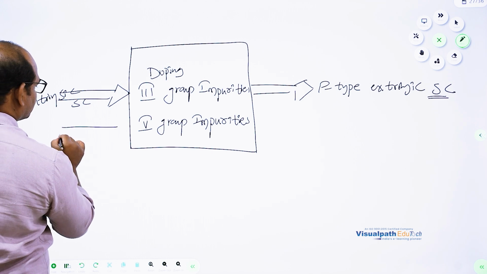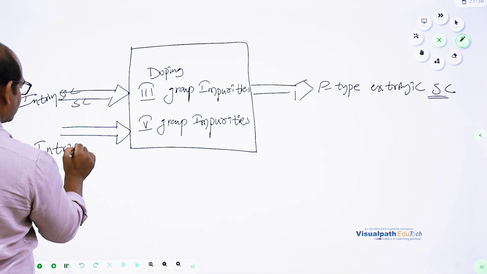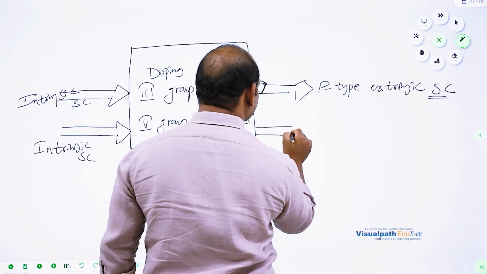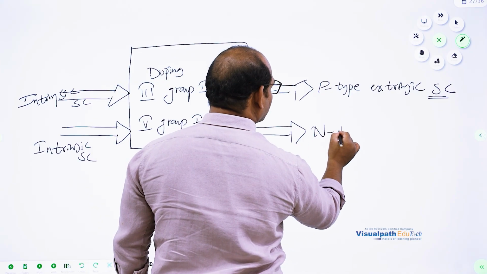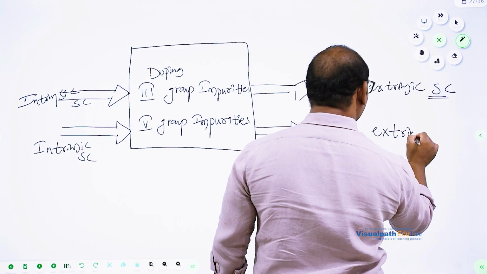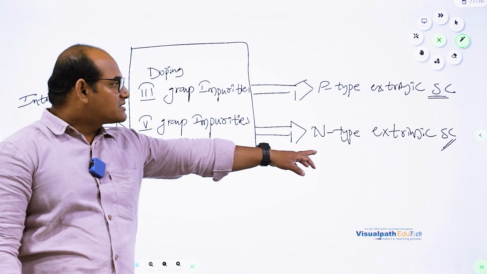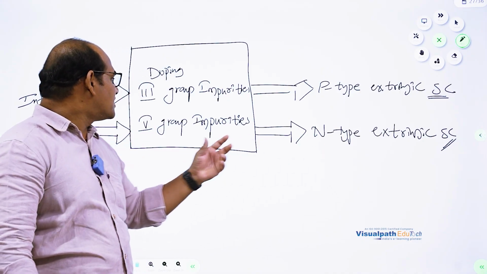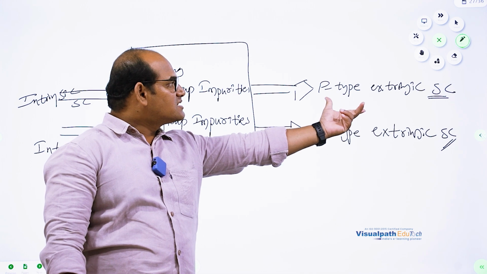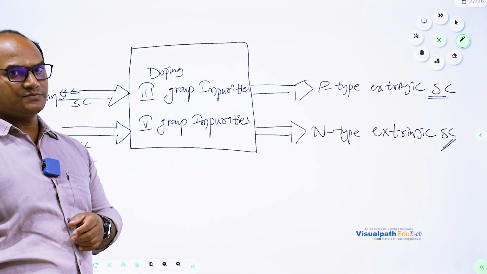If you take intrinsic semiconductors under the doping process of addition of fifth group impurities, then you will get N type extrinsic semiconductor. These are very important points. N-type extrinsic semiconductor can be created by the addition of fifth group impurities to the intrinsic semiconductor. P-type extrinsic semiconductor can be created by the addition of third group impurities to the intrinsic semiconductor.